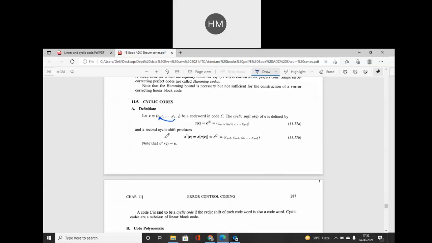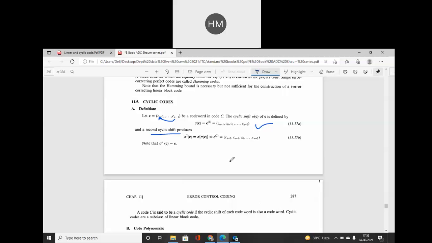After moving from the right side, the LSB is Cn minus 1. This is the cyclic shift. It is C to the power 1. Then I am again shifting it. So the second cyclic shift will produce C to the power 2: Cn minus 2, Cn minus 1, and so on. We are just shifting, and this code word should be present in the list of code words generated by that particular code.